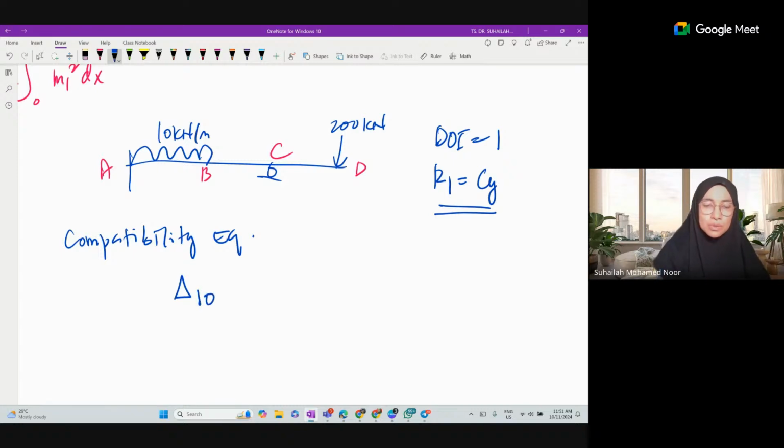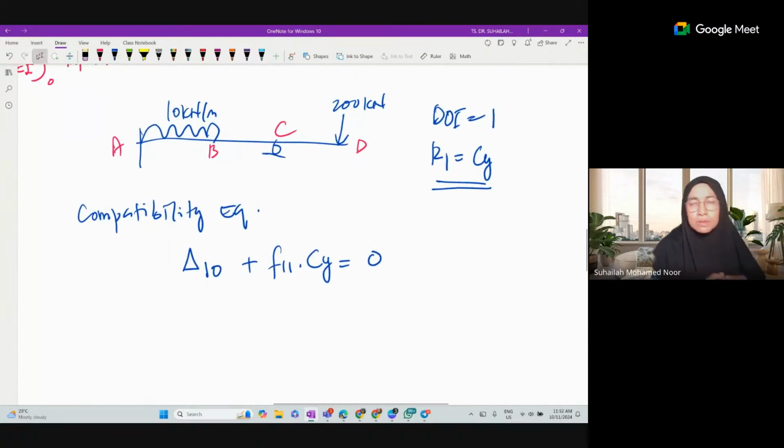So this belongs to the primary beam, delta 1 knot standard form. Okay, plus F11 standard form. Now times the redundant, we do not need to write R1, but we better put the redundant directly here. So here is CY equals to 0. So this is the compatibility equation.